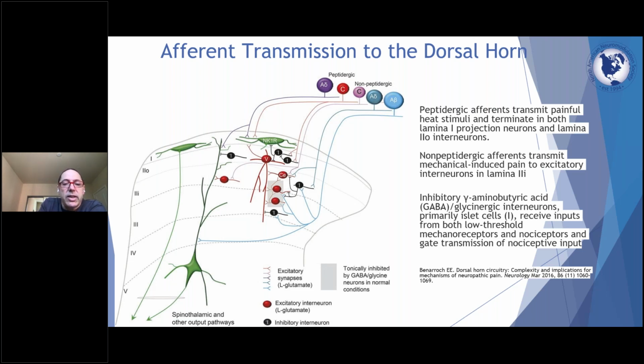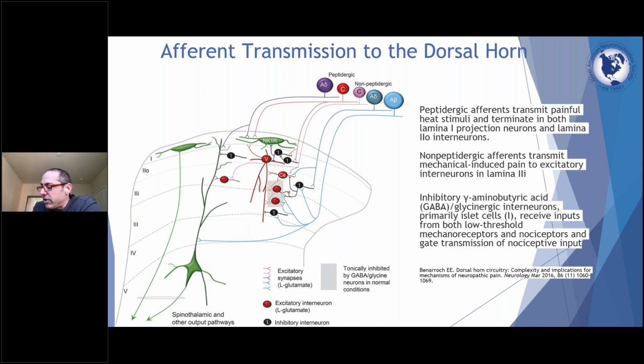And its output decussates and travels in the anterolateral system up to the forebrain in the spinothalamic tract. So the projection neurons are in lamina 1, and the processing is occurring in the deeper lamina 2. There are wide dynamic range neurons which respond to pain as well as other non-nociceptive stimuli in the deeper lamina 3, 4, and 5.